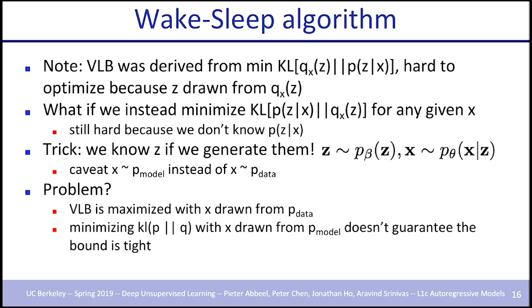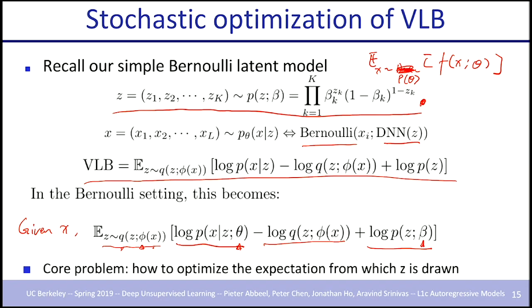So for now, let's assume that we don't know how to optimize an expectation, meaning we need to sample from a parameterized distribution and we don't know how to handle that. What people have done in the past is look at ways to circumvent that problem. The core of the problem is that the sampling distribution is exactly your approximate posterior, so you need to sample from it, and as such you need to optimize that expectation.